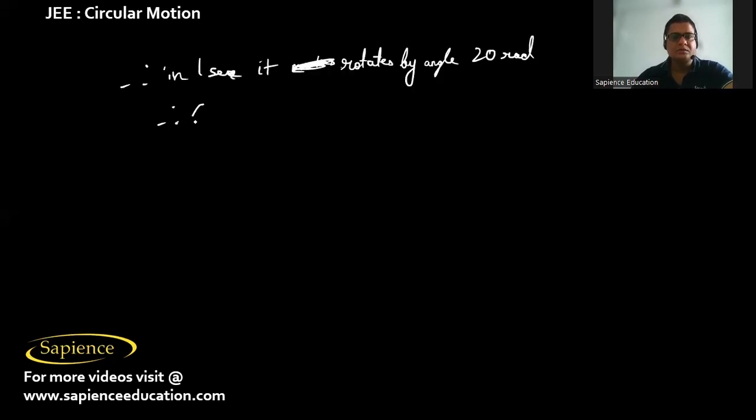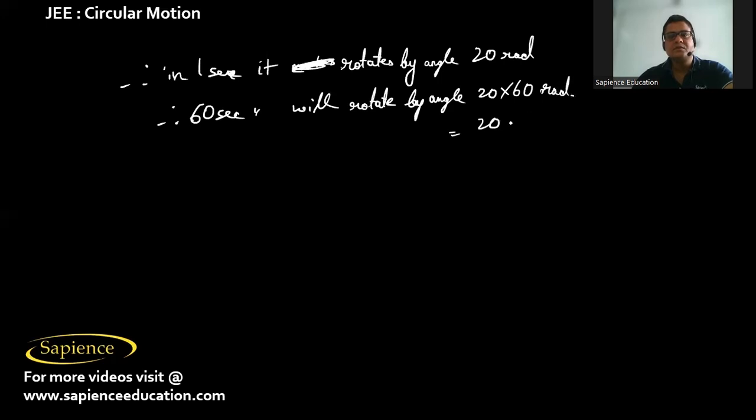So in 60 seconds, it will rotate by an angle of 20 into 60 radian. It means it will be 20 into 60.